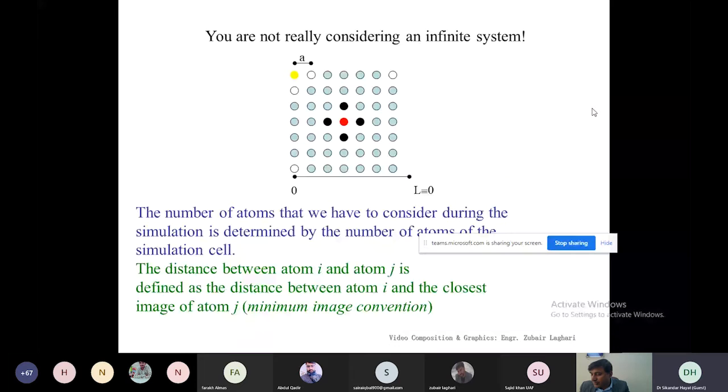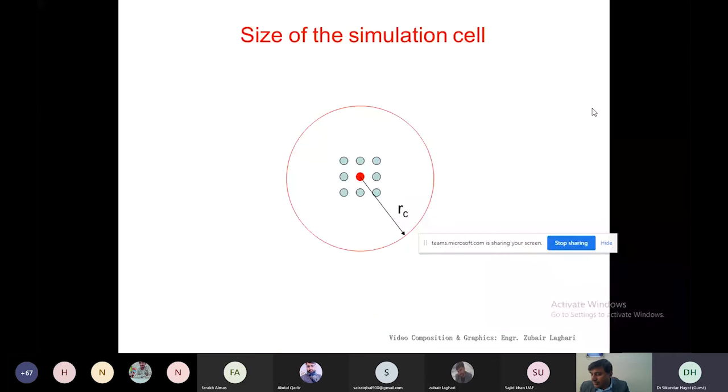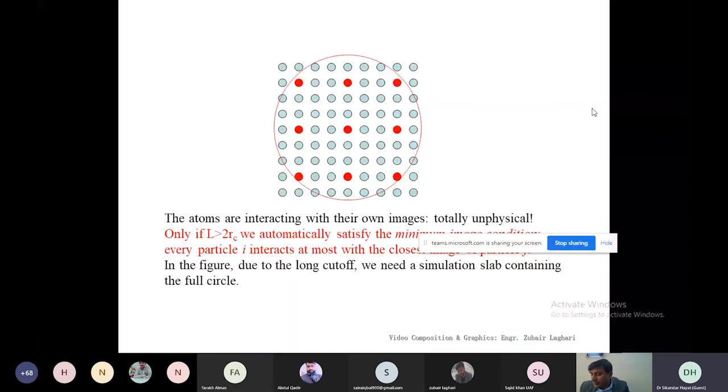Now we take the potential cutoff, which is the R cut actually. At the minimum level we have to make the story in such a way that it will complete this spherical ball by reproducing the image in 3 dimensions, and this will be completed by the periodic boundary conditions. The atoms are interacting with their own images, totally unphysical, as I said.